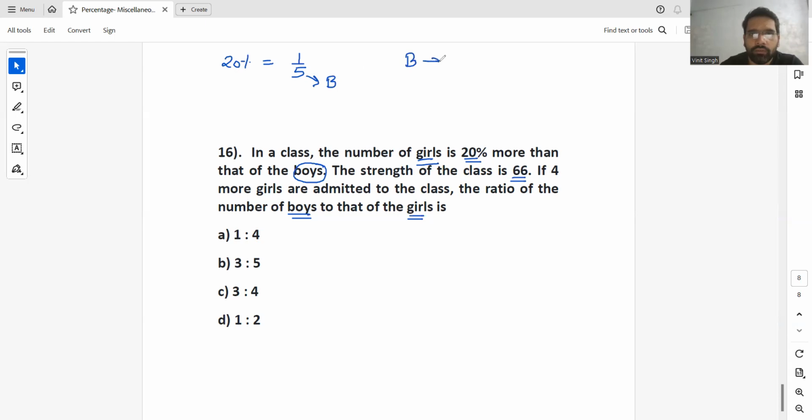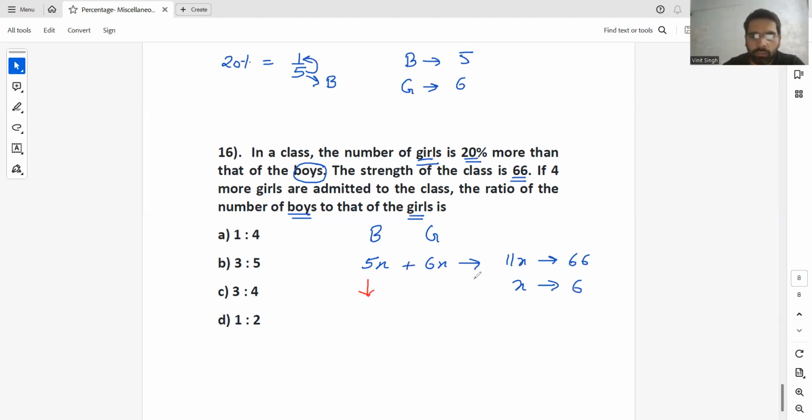Now we will take 5 as boys. Then girls become more, 5 plus 1, 6. So boys is 5x, then girls become 6x. Total 5x plus 6x, 11x, which is equal to 66. X is equal to 6.